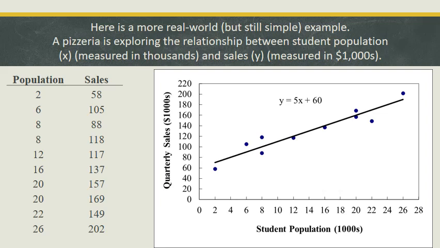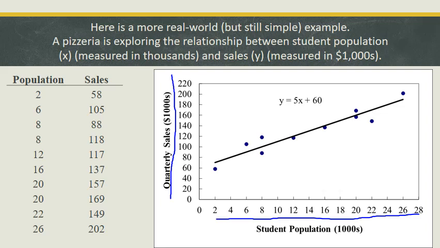Now, because regression is such a commonly used technique, I want to emphasize how to interpret the best fit line. And I'm going to use a different example that is more realistic. Here we have pizza sales in thousands of dollars as the y variable, and the factor or x variable is student population, also in thousands.